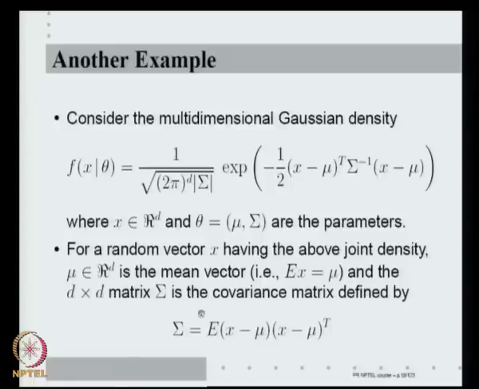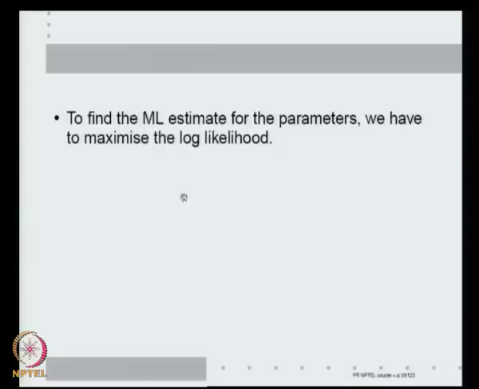This is the covariance matrix, and I suppose all of you know that the diagonal elements of the covariance matrix are the variances of the various components and the off diagonal elements are the covariances. Okay. And because this is a covariance matrix, it is also positive definite, even though that fact does not concern us in this estimation. Okay. So, our job is given IID data from this density to estimate mu and sigma.